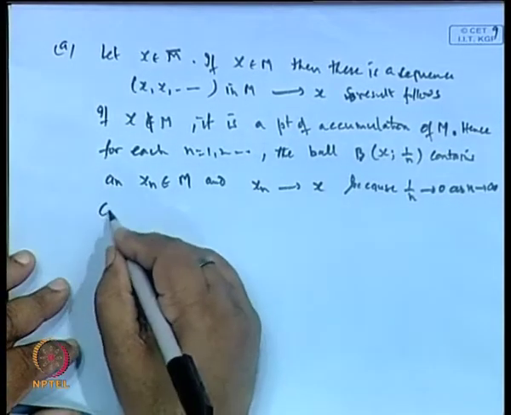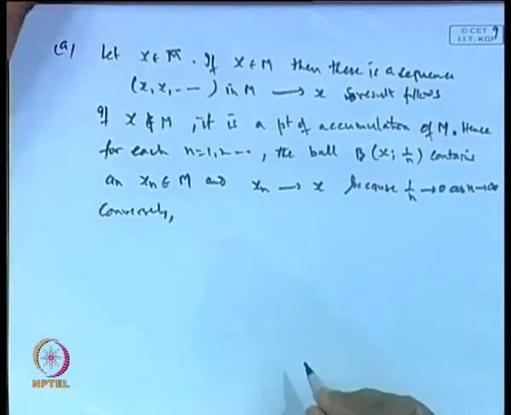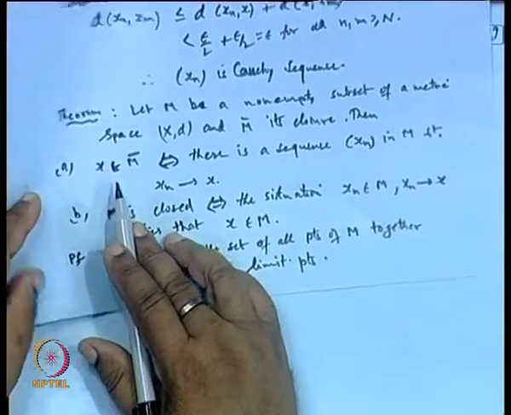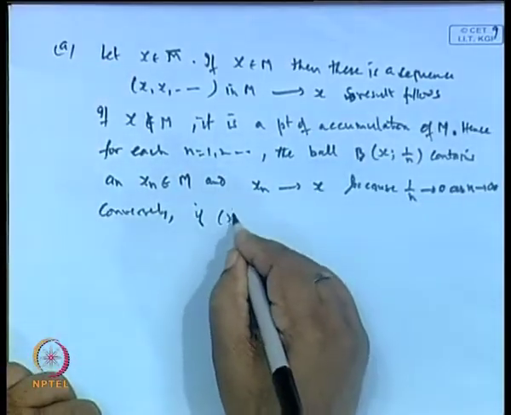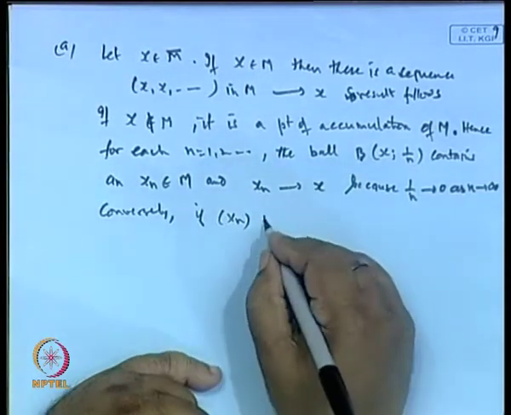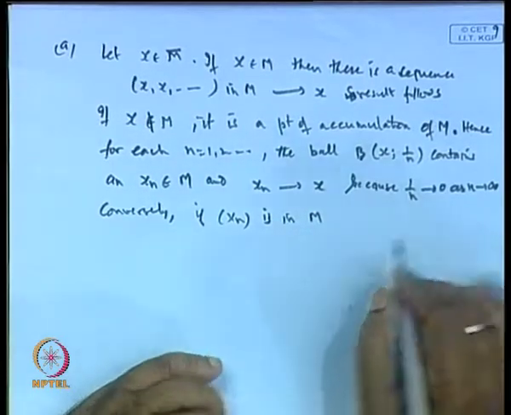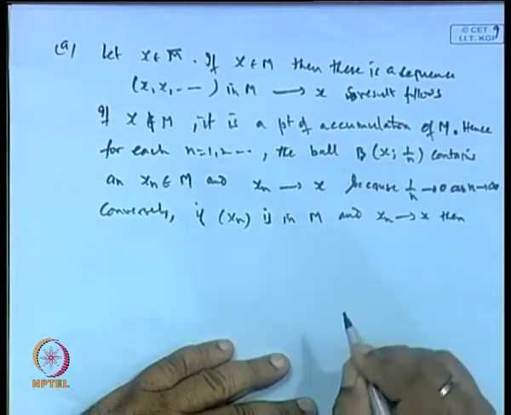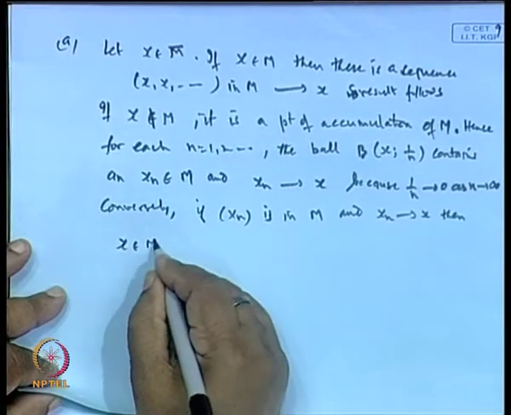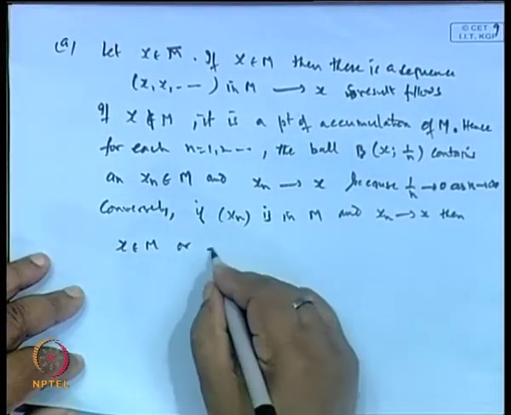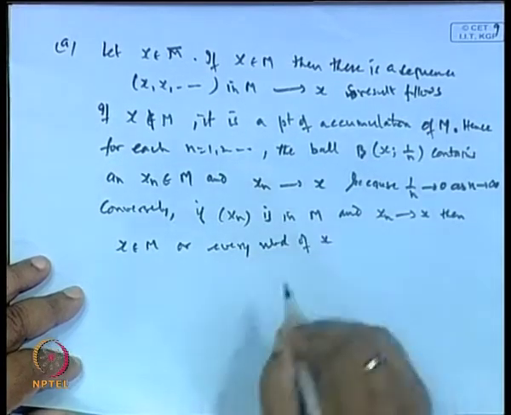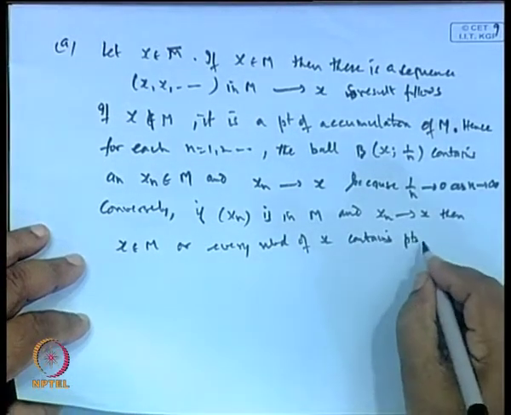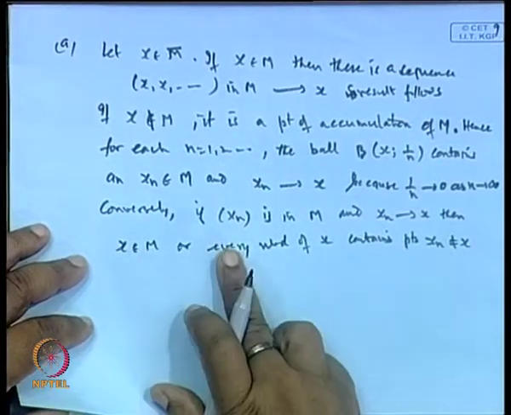Now the converse part. Suppose a sequence x n in M goes to x, then we prove that x belongs to M closure. So, conversely, if the sequence x n is in M, okay, and x n goes to x, then there are two cases: either x will be a point of M, or every neighborhood of x contains points x n other than x, because this is a sequence that goes to x.